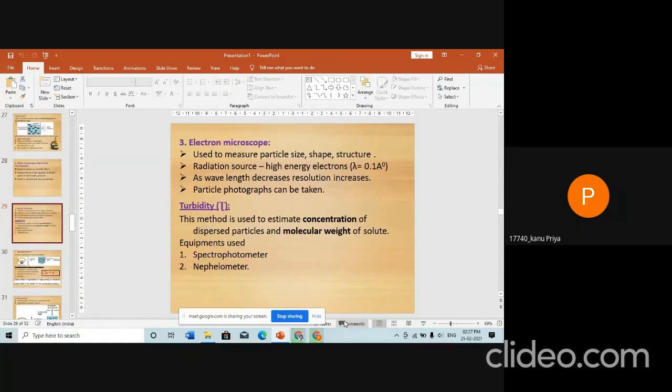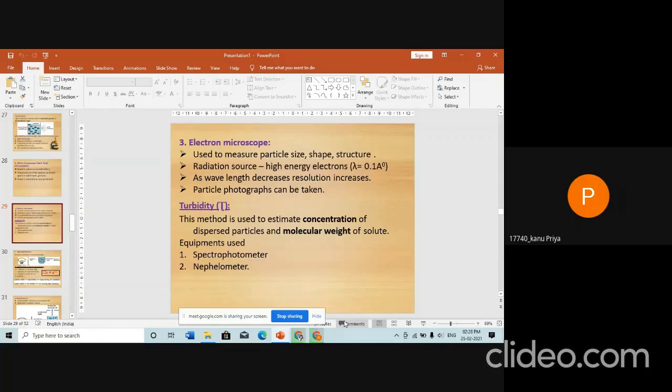Third is the electron microscope, used to measure particle size, shape, and structure. Radiation source is high energy electrons, and as wavelength decreases, resolution increases. It also gives photographs of the actual particles.